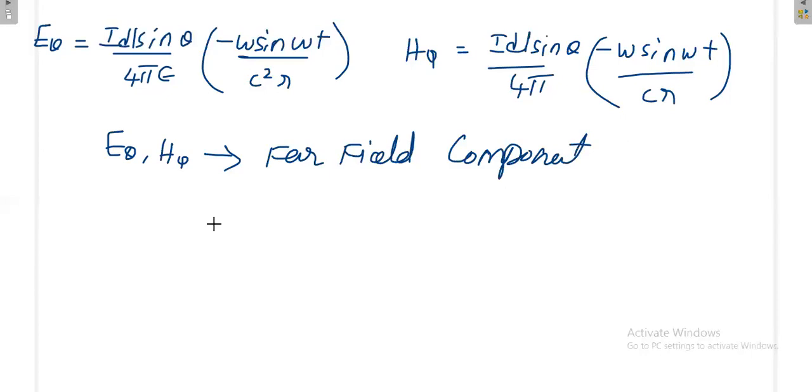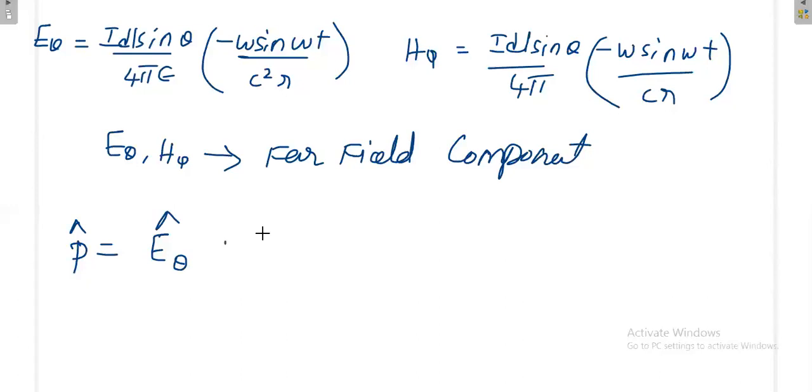Once E theta and H pi are there, you know what is electric field and what is magnetic field. If we take the ratio, what will happen? Or otherwise, before that, I am interested in which direction the power actually goes. This is my E theta, the direction of electric field. My electric field is only in the direction of E theta.